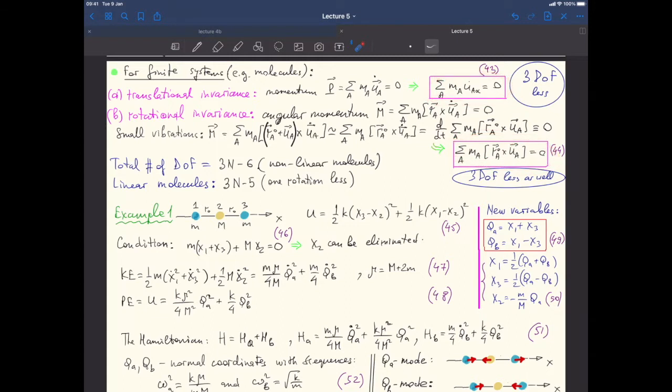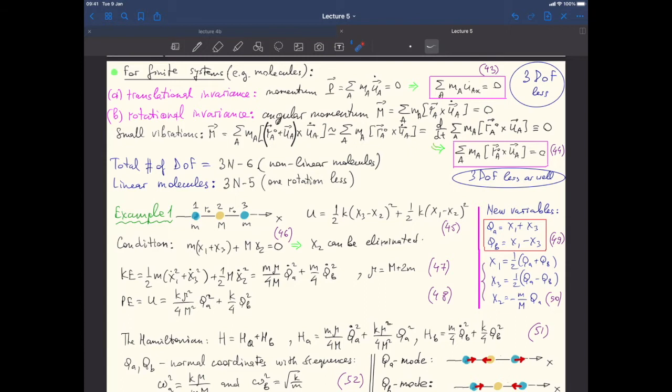So 6 degrees of freedom less we will have in total left for the vibration. So there will be 3n minus 6 for a nonlinear molecule. In the case of a linear molecule, for example, a hydrogen molecule, this number will be 3n minus 5 because one rotation around the axis of the molecule actually doesn't lead to any rotation, so there will be no vibrations associated with it.